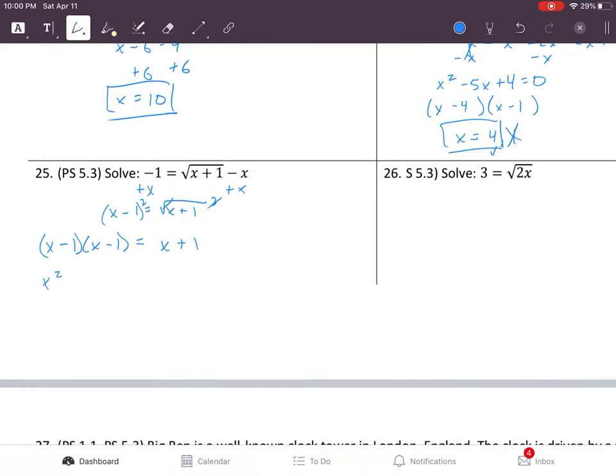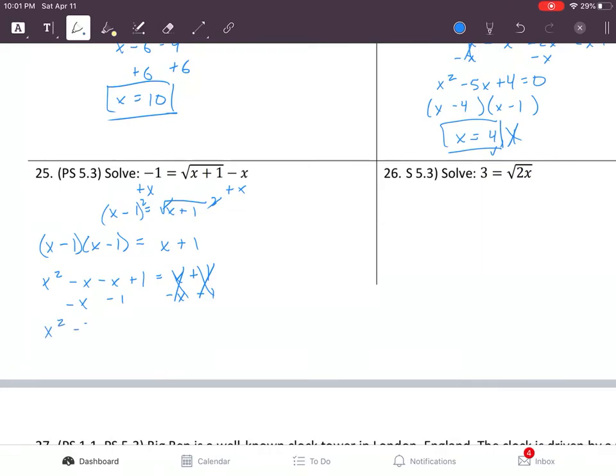If we distribute, x times x is x squared, x times negative 1 is negative x, negative 1 times x is again negative x, and negative 1 times negative 1 is positive 1, equals x plus 1. We're going to get all the terms to the left, so those go away and those go away.